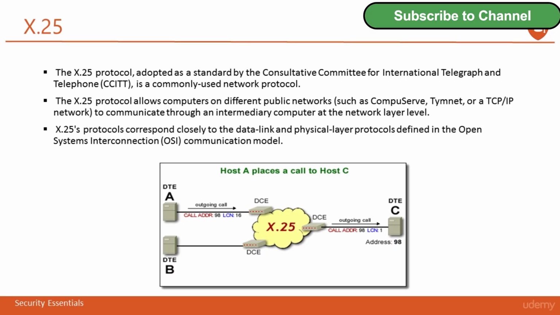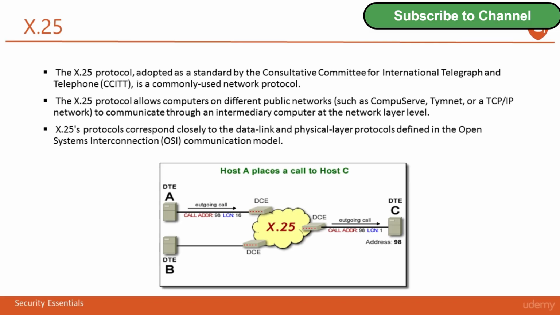X.25's protocols correspond closely to the data link and physical layer protocols defined in the Open System Interconnection, or OSI, communication model. We have two kinds of communication models. The first one is the OSI model, Open System Interconnection model, and the second one is the TCP/IP communication model. Here we are talking about the OSI communication model.